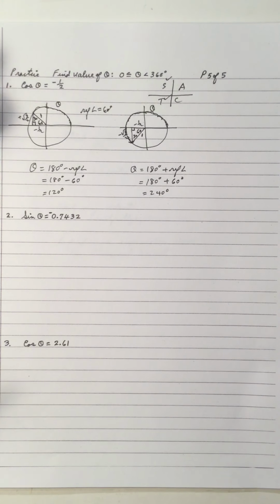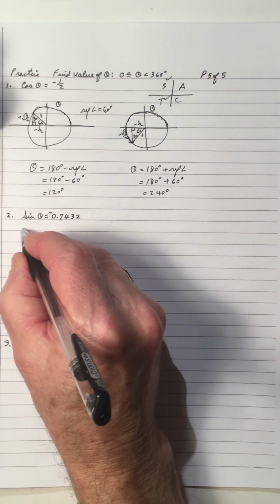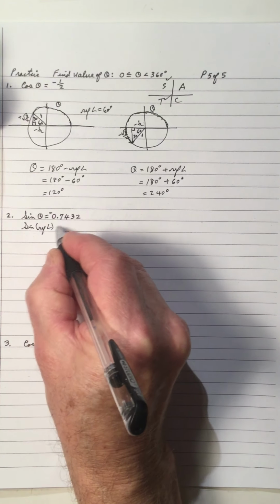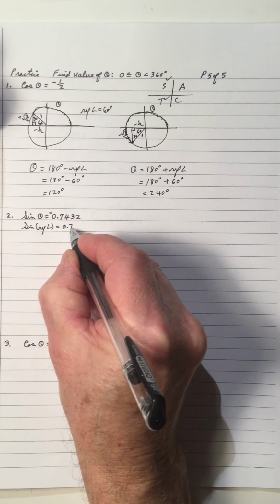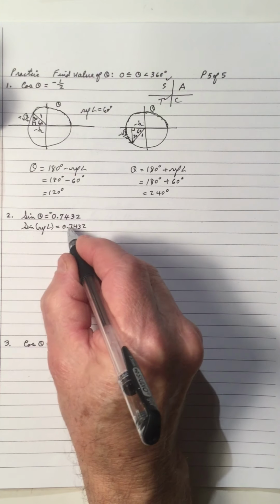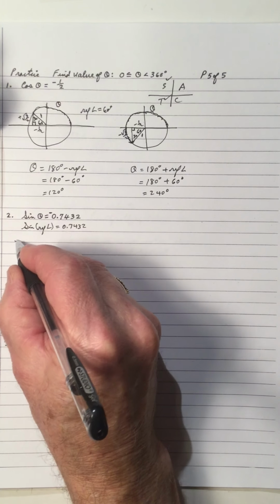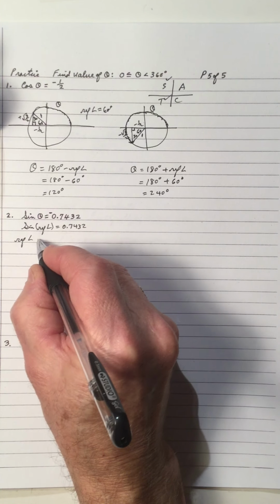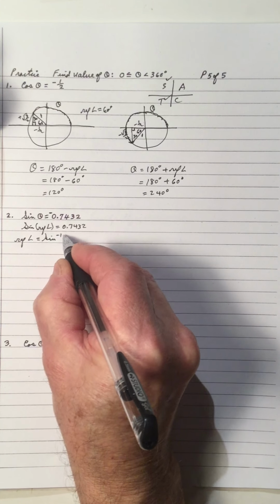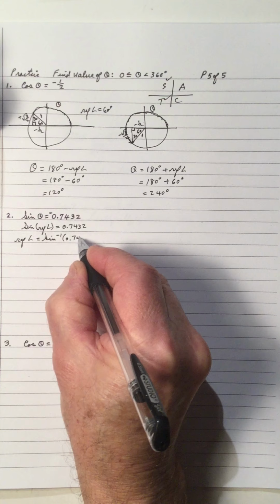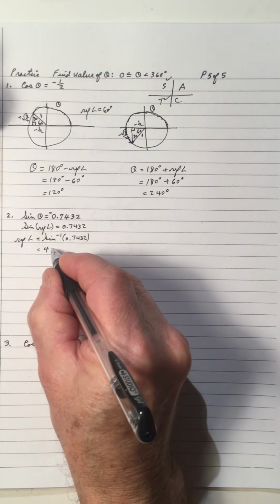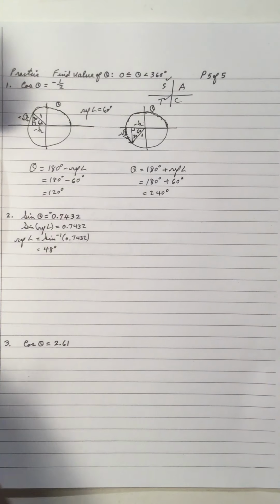I have to do the sine of the reference angle as a positive decimal. So if I make the decimal positive, then I'm finding the reference angle. So the reference angle is going to be sine to the negative 1 of decimal 0.7432. So that means the reference angle comes out to be 48 degrees.